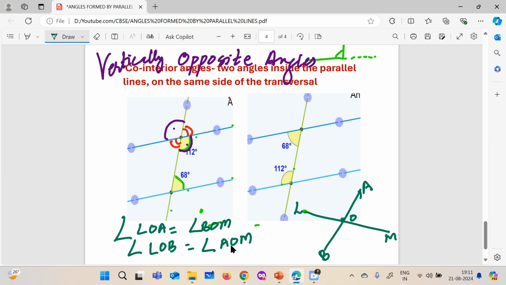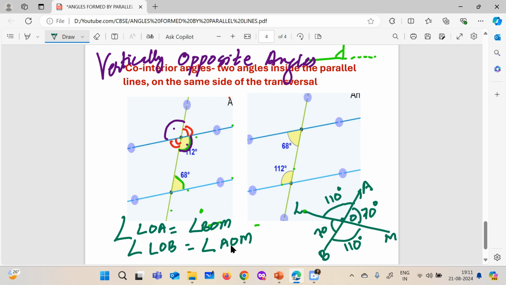So you see that vertically opposite angles are always equal. Suppose if this is 70 degrees, then this one will also be 70 degrees. And here if you have 110 degrees, then here also you have 110 degrees. I hope this is clear to everyone.